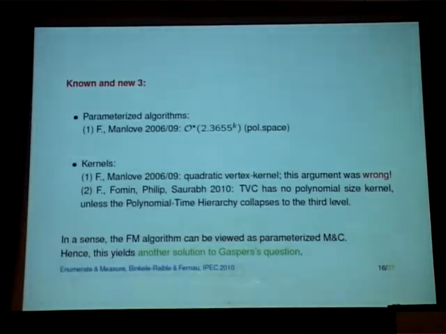So we also claimed a quadratic size vertex kernel there. And three years later, this year, we had a paper where we showed that unless ETH fails, there is no polynomial-size kernel. So the problem is that this argument is simply wrong, but it's kind of instructive to really find the error. We didn't find it, so we wrote it down and we were happy with it.